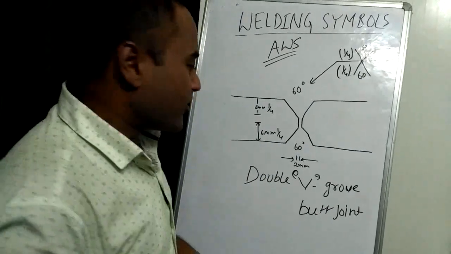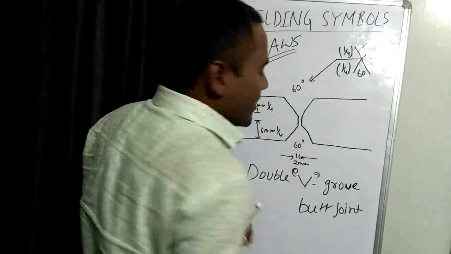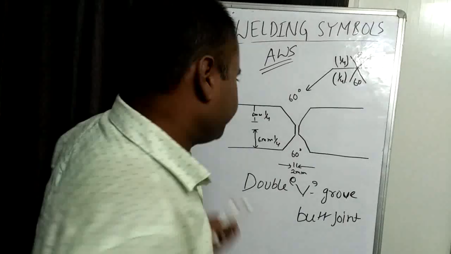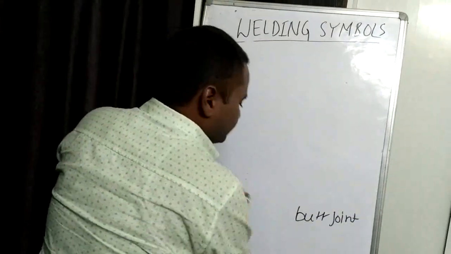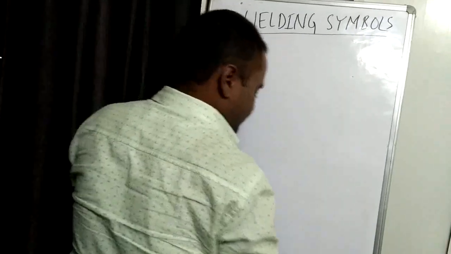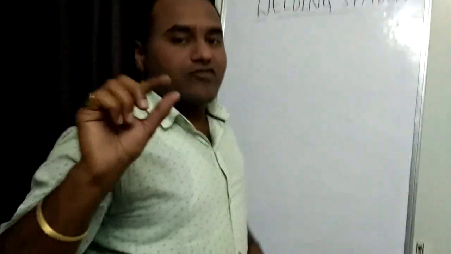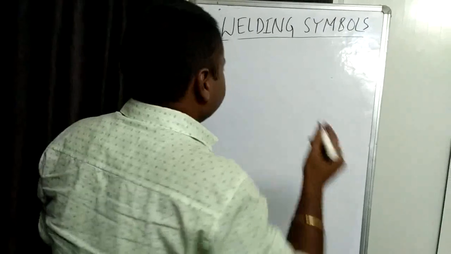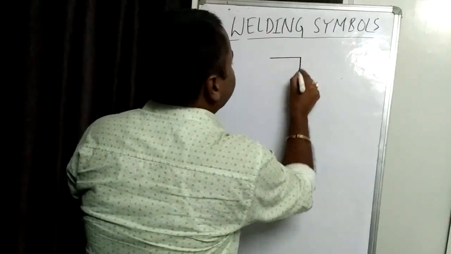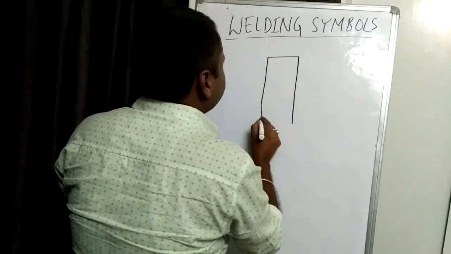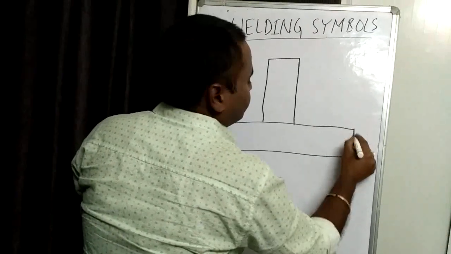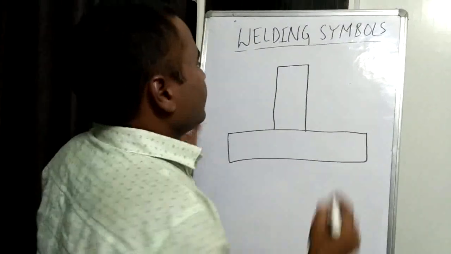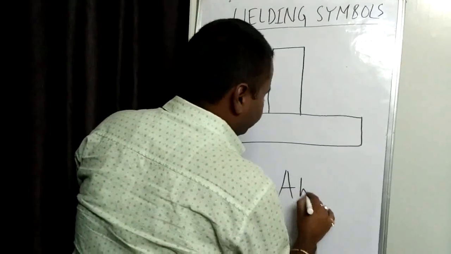Now I'll take one more example. Now I take the example of a fillet joint. How to show dimension on a fillet joint? First, I show the AWS system.